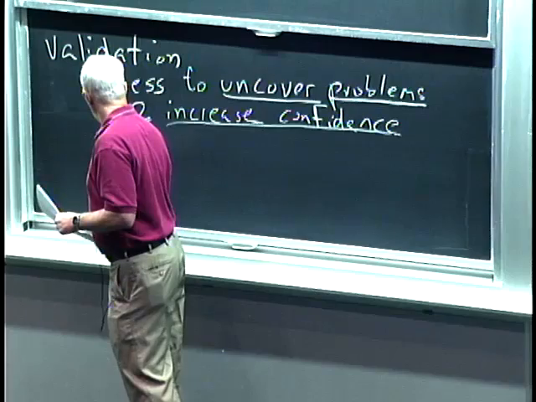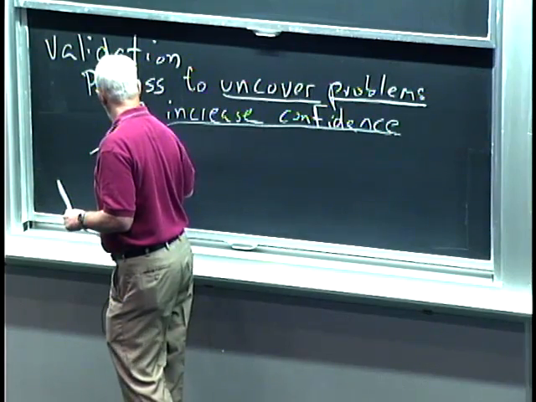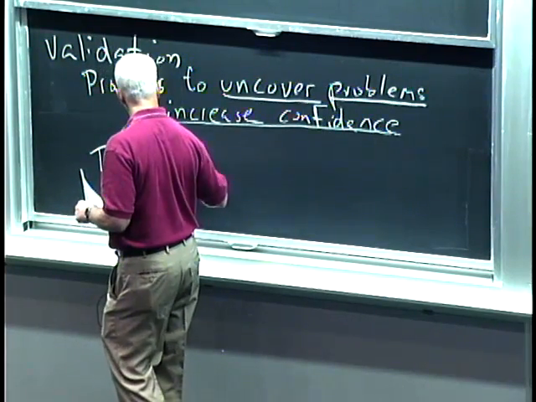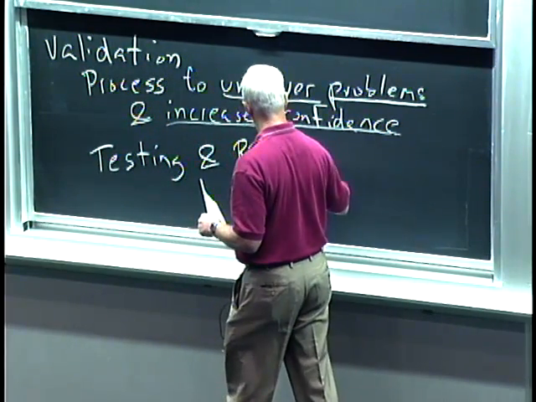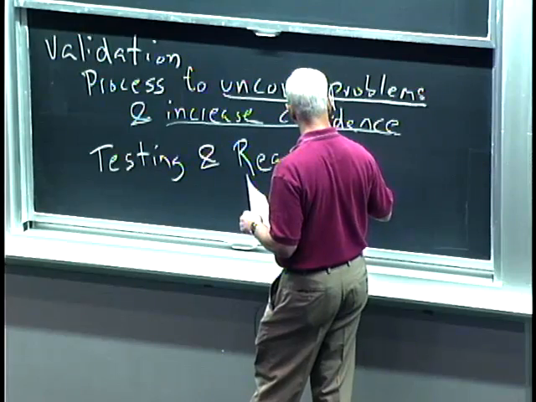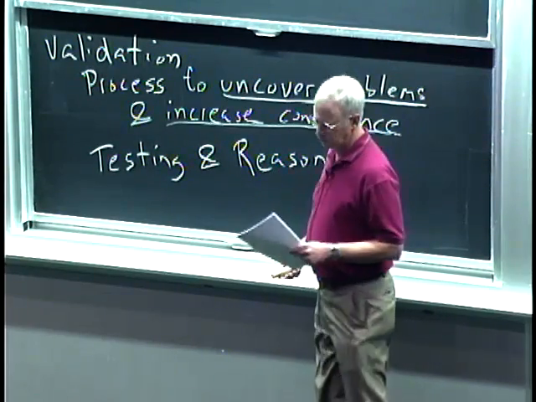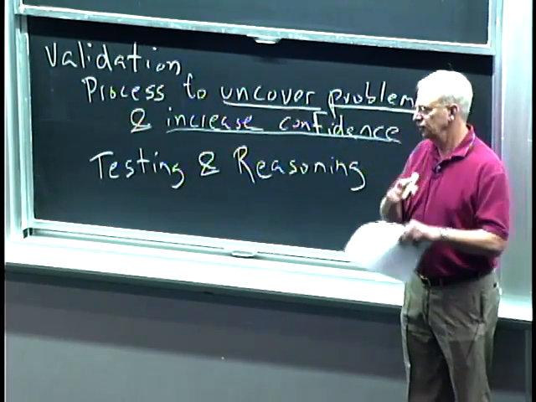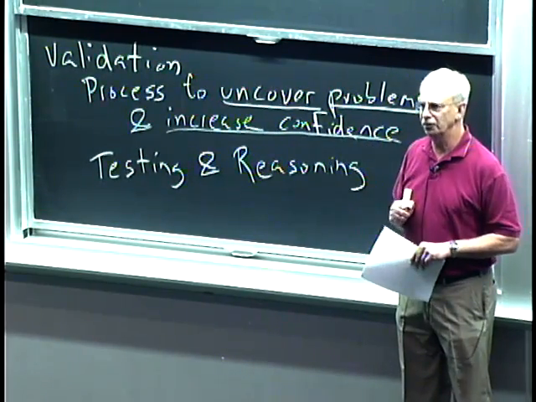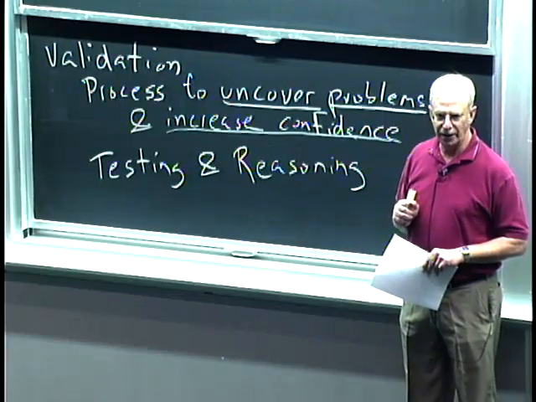It's typically a combination of two things: testing and reasoning. Testing, we run our program on some set of inputs and check the answers and say, yeah, that's what we expected.